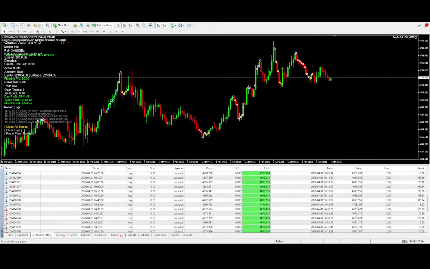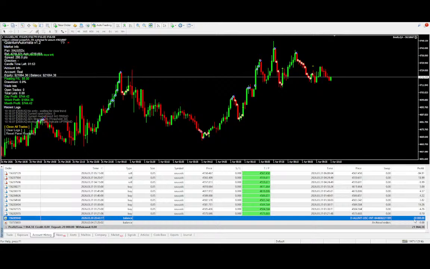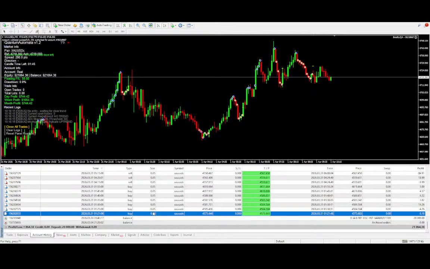If we go to all history, we'll see that archive orders is 0, and we have the amount that was funded, 20,000 USD cent. We started with a 0.05 lot size, because we were still trying to figure out what lot size would be best for that amount.